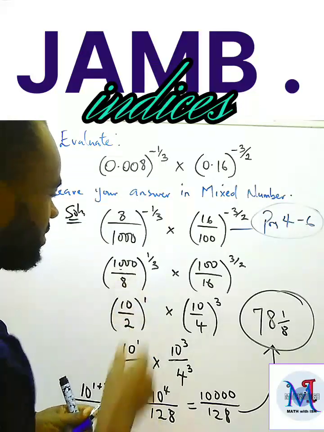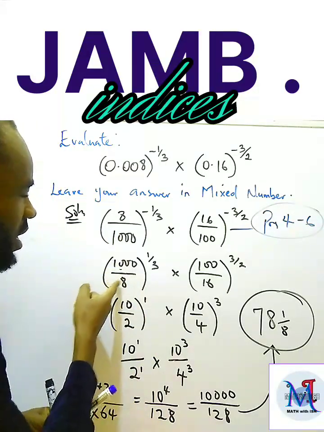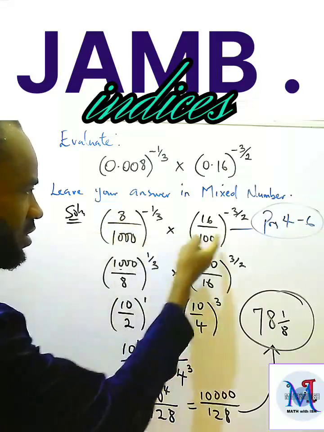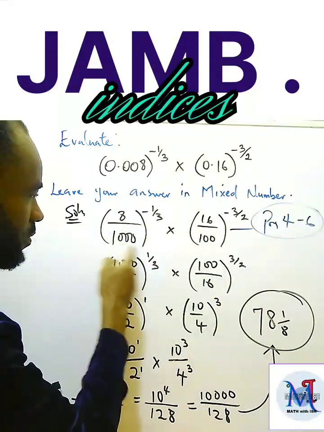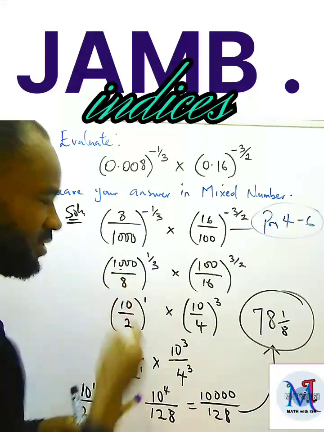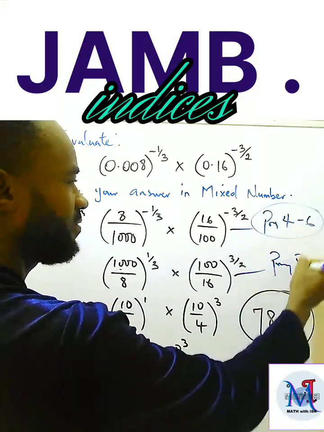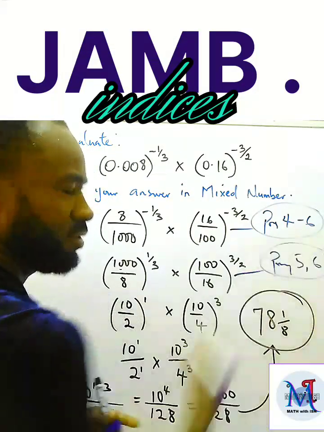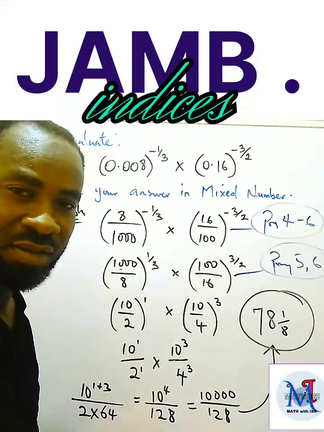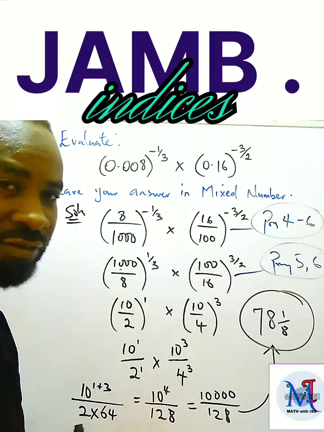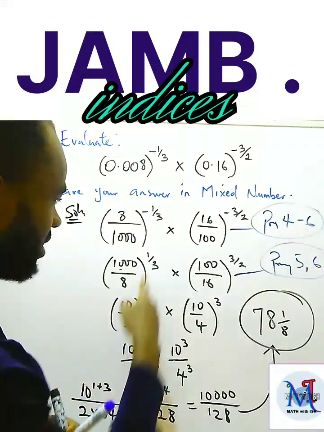Now look at this second step. I only inverted this term here. 8 over 1000 became 1000 over 8. This is reciprocal. This is also primary 5 and primary 6. Your child will be taught about reciprocal or the inverse of a number at that level. Look at what I did here.